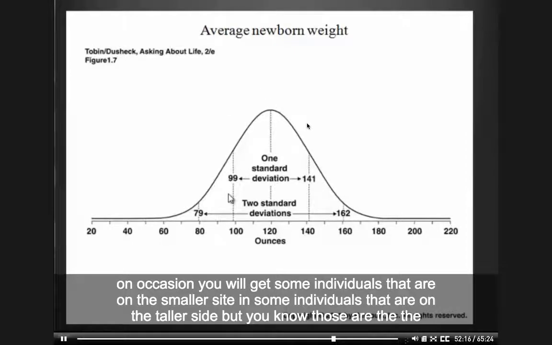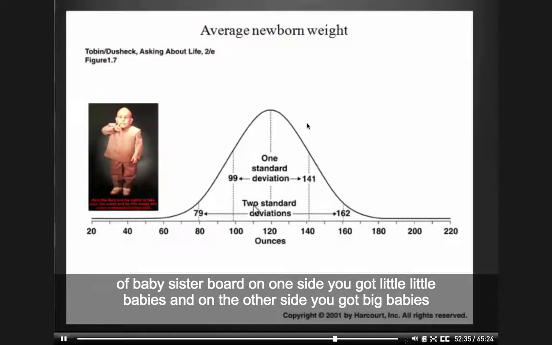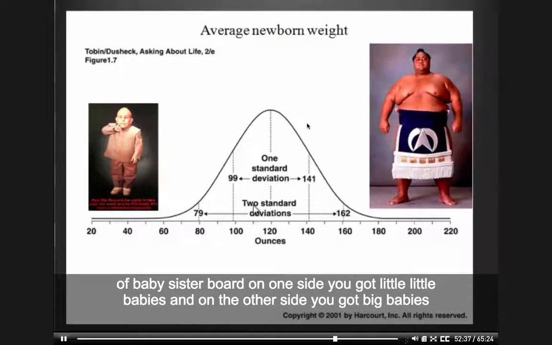But on occasion, you will get some individuals that are on the smaller side and some individuals that are on the larger side. But those are the extreme rare cases that you get to hear about sometimes on the news. But for the most part, the distribution is like this for the weight of babies as they're born. On one side, you got little babies, and on the other side, you got big babies.